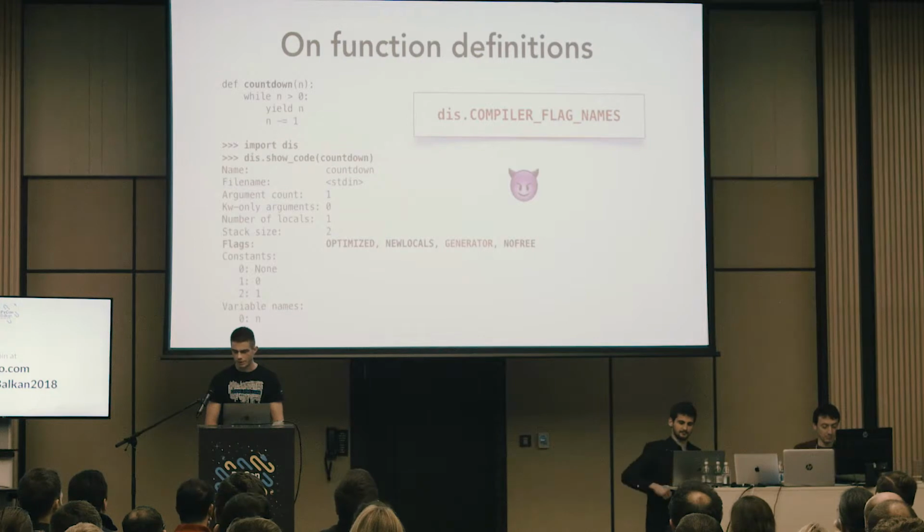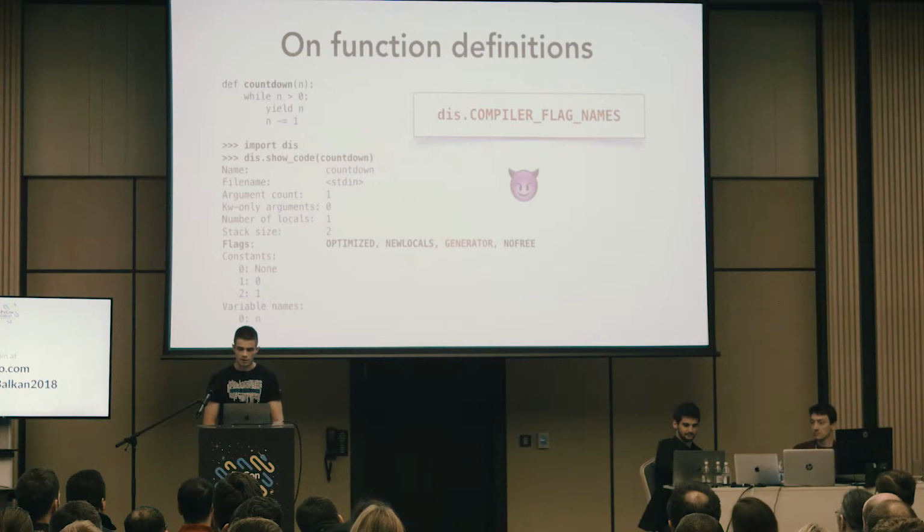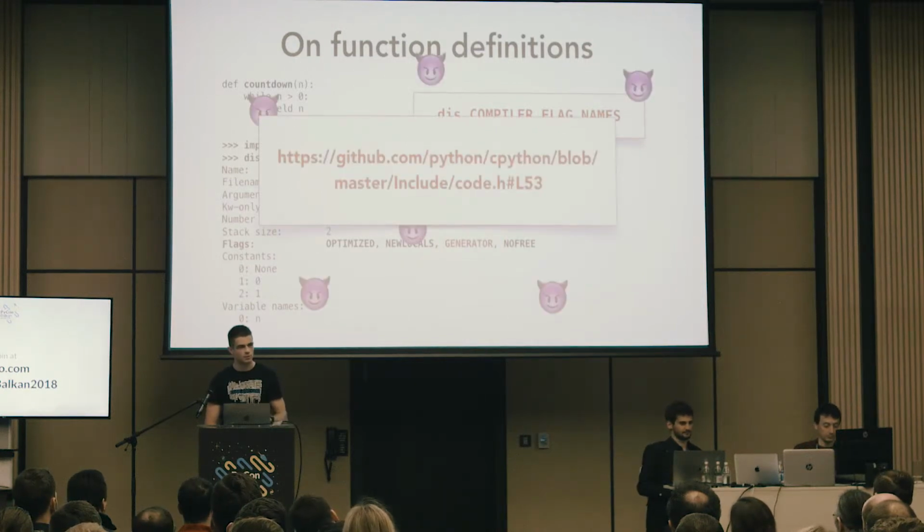If you want to see all these flags, I do recommend checking the compiler flag names, because that will give you some headaches to figure out what is what. And if you feel really exploratory, you can always look at the source code, right? It's not very well documented, however, so you have to do your own digging.